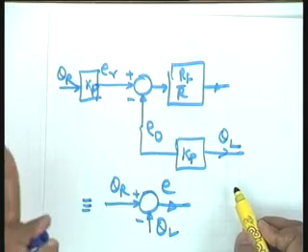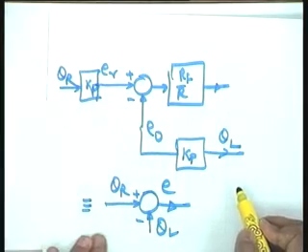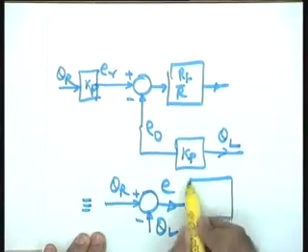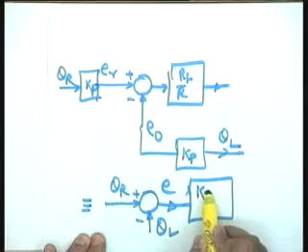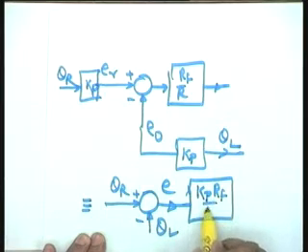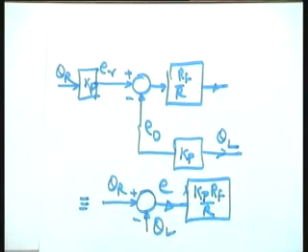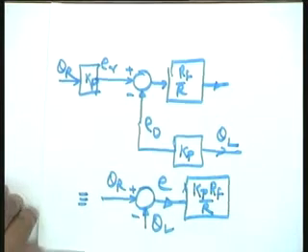So, I am heading towards a unity feedback system if I take this arrangement, and your Kp in that case can be taken as Kp RF by R. This, if I complete the block diagram, is going to give me a unity feedback system. I hope this point is very well understood.